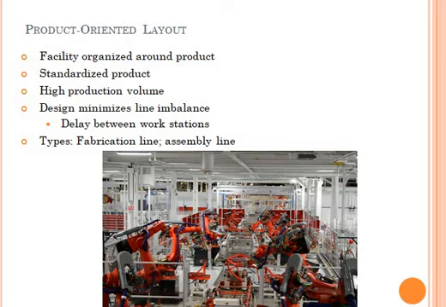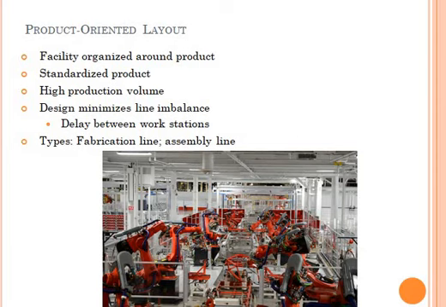Here the design minimizes line imbalance. What's meant by line imbalance? We need to balance the time needed at each station. If I'm at the first step and I got the product out of this step and we need to go to the second step, I don't want to delay it between the workstations.